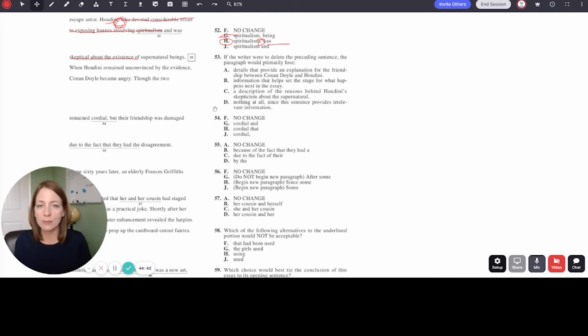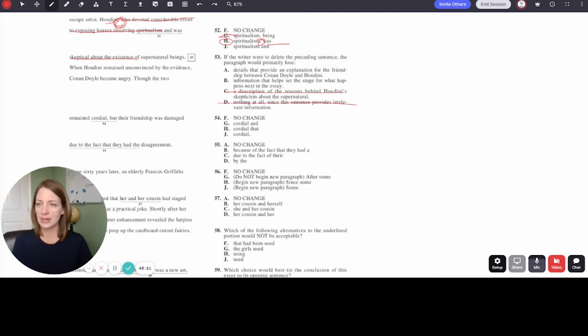If the writer were to delete the preceding sentence, the paragraph would primarily lose. Okay, the preceding sentence. If we took that out: details that provide an explanation for the friendship between CD and Houdini; information that helps set the stage for what happens next in the essay; a description of the reasons behind Houdini's skepticism about... So it doesn't give us the reasons that he's skeptical. It just says he is. Nothing at all, since this sentence provides irrelevant information.